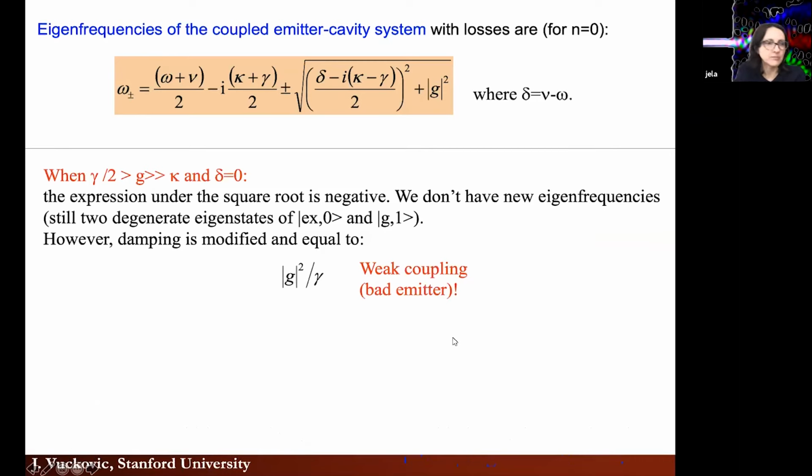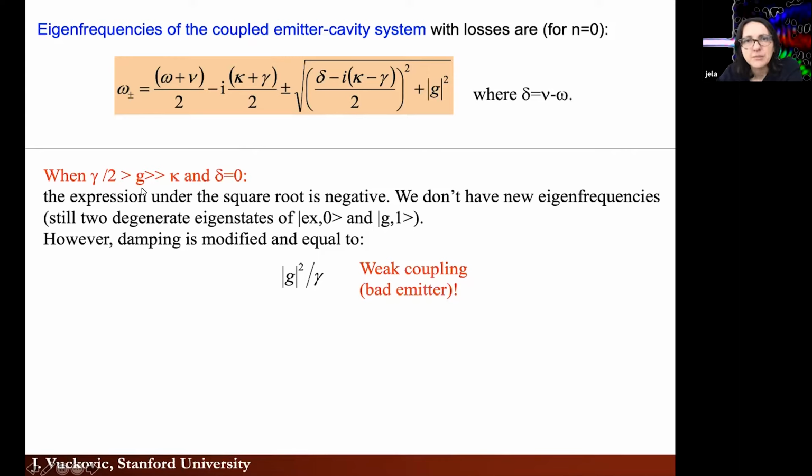So a final comment here, which we already commented on before, is to keep in mind that everything we said so far for the weak coupling regime was for the regime in which the cavity field decay rate dominates. So kappa half is greater than G, and the atomic linewidth is very small and negligible, the smallest parameter in the system.